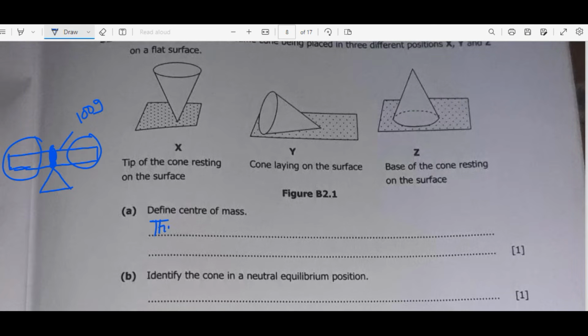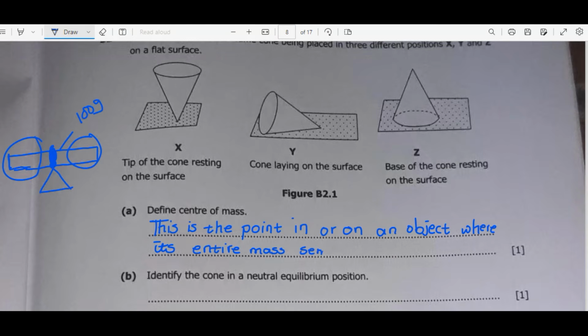So say this is the point in or on an object where its entire mass seems to act.